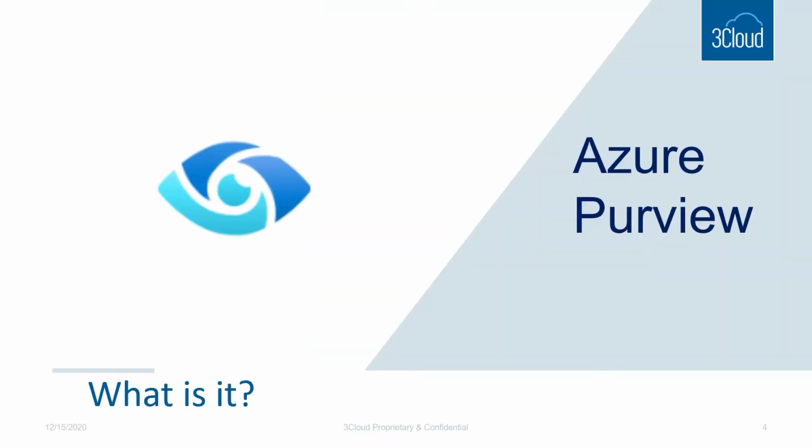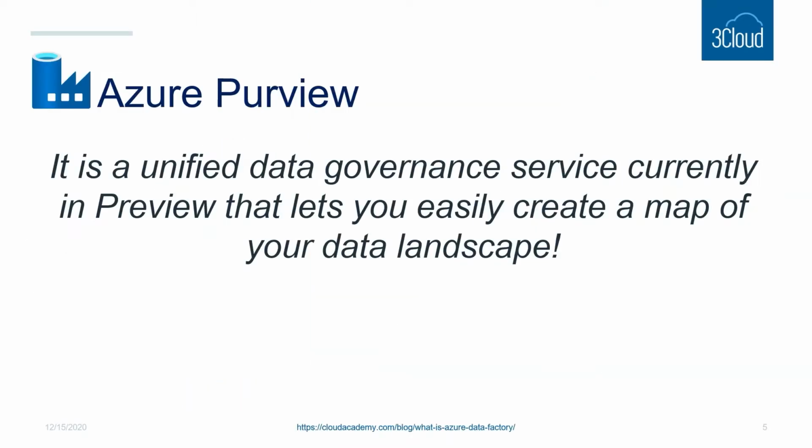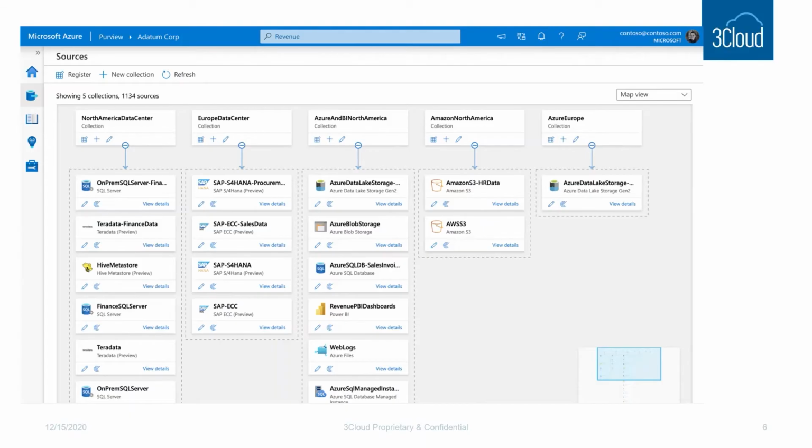So what is Purview? It is a unified data governance service currently in preview that lets you easily create a map of your data landscape. Here is a view of a fictional data map. We can see that there are data centers, and we can group our data sources together.